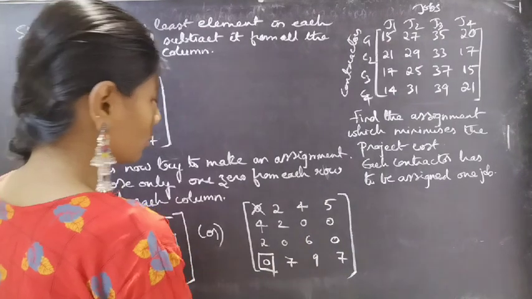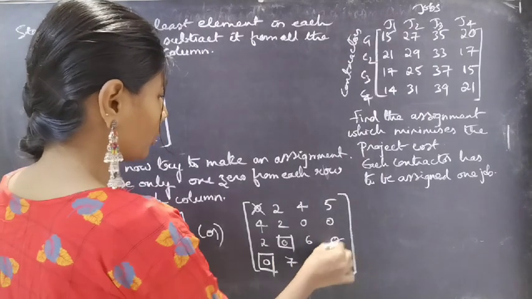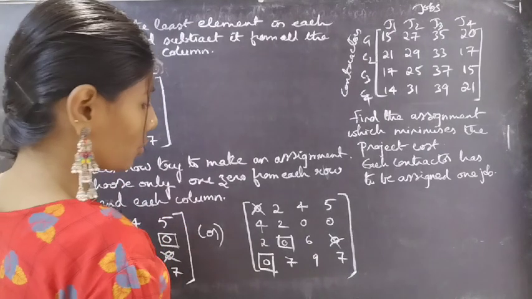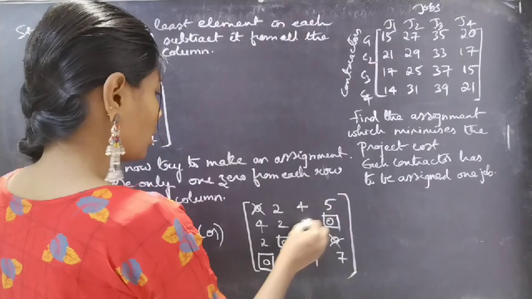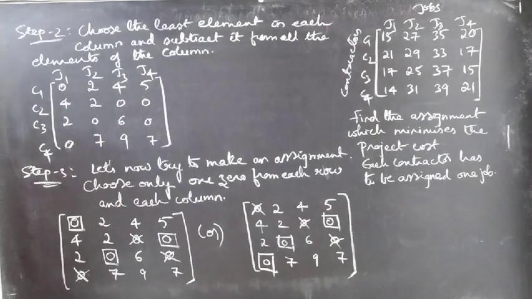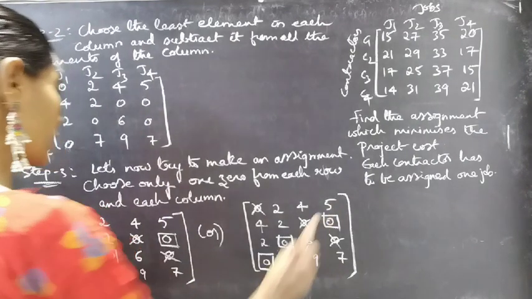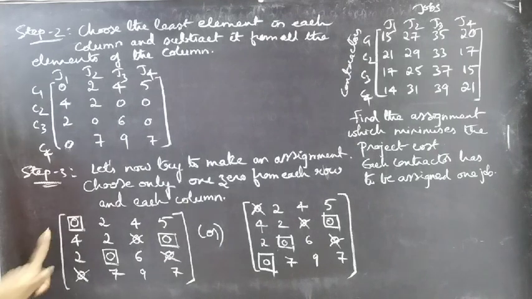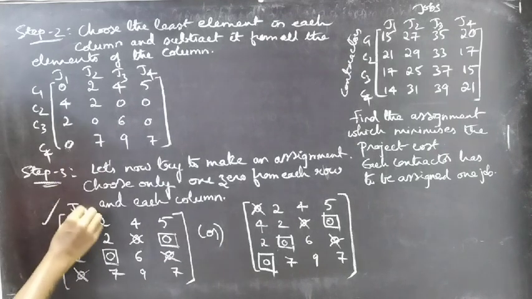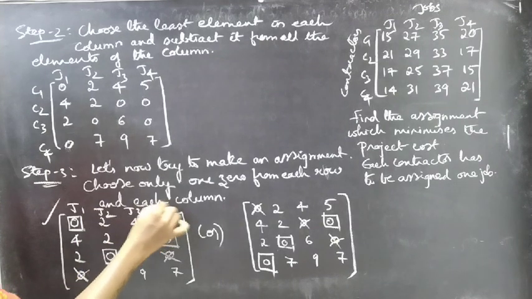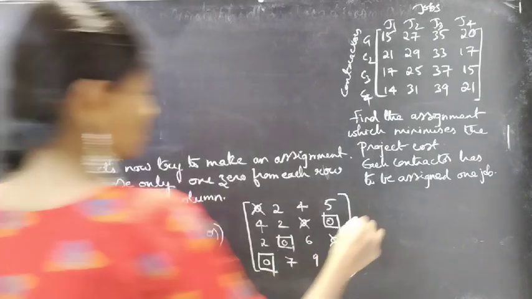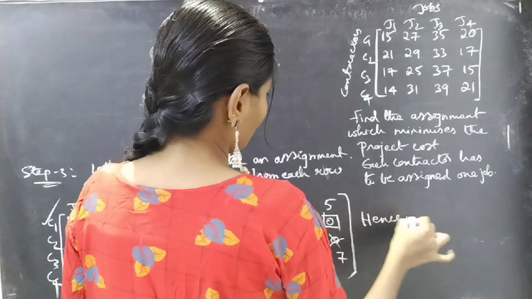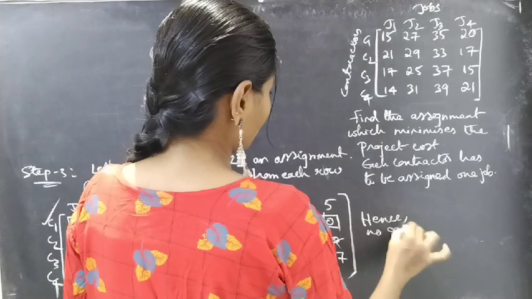We need to check the columns. Here we have a single 0. Cross the 0 which occurred in the corresponding row. Now, since we have crossed this, we'll assign this 0 and cross this 0. Right? Here also you'll get 3 assignments. Hence, no optimal solution is obtained.